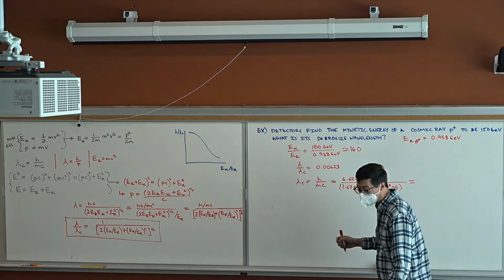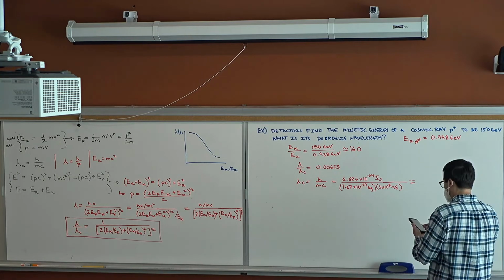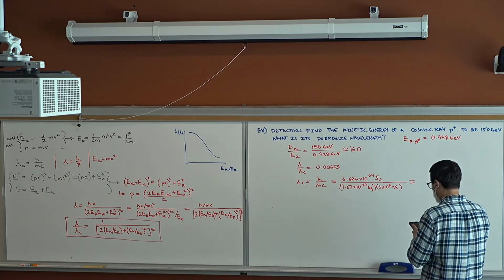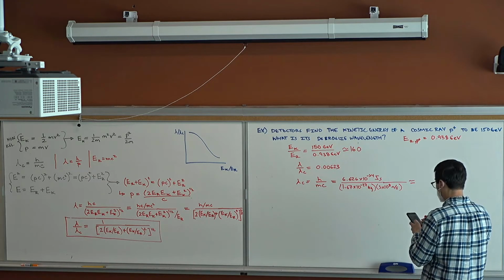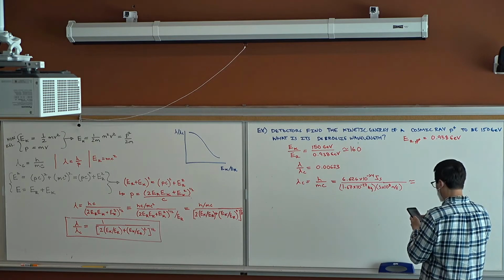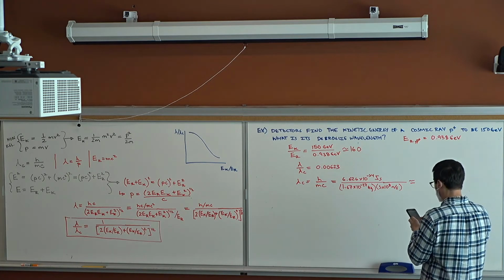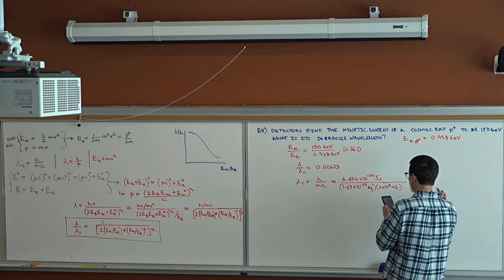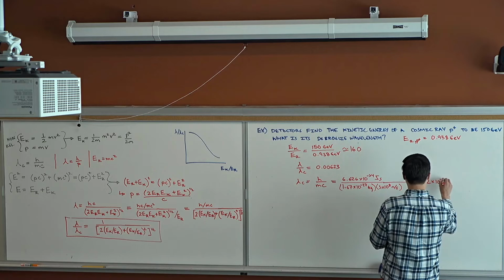So lambda c for our proton, I'm getting about 1.32 times 10 to the minus 15. Yeah, that's what I got. Okay.